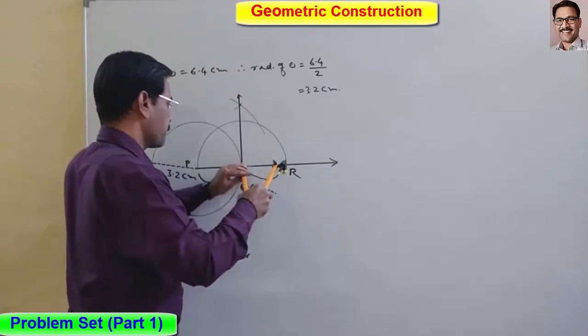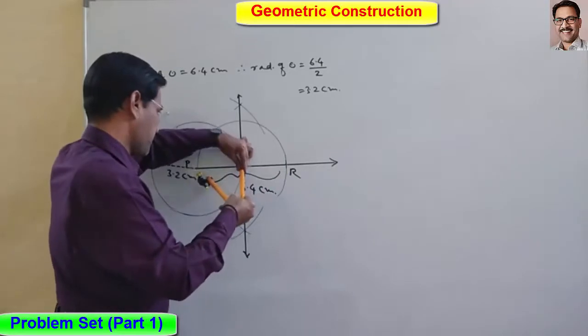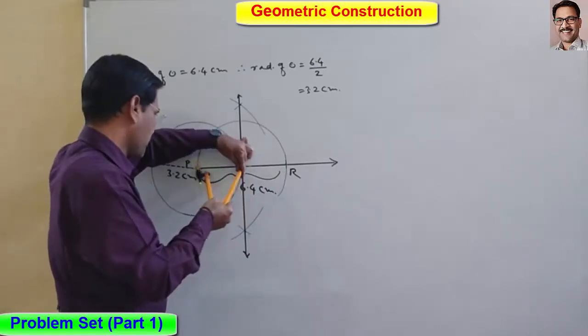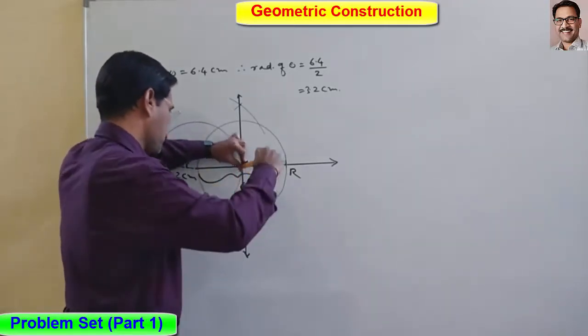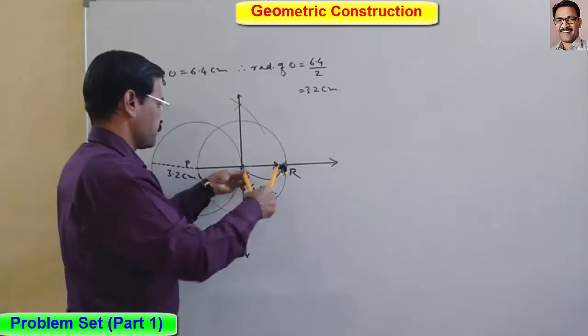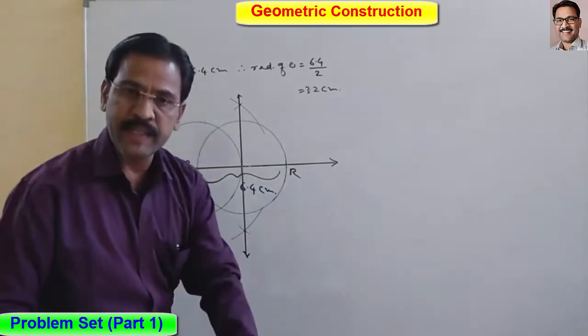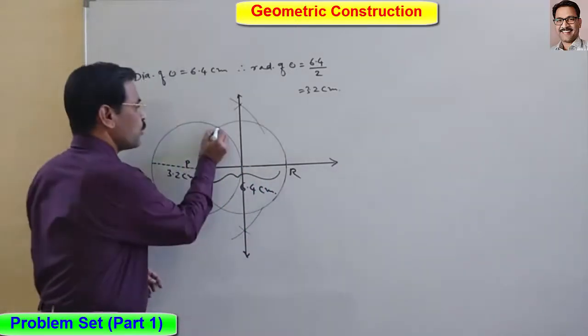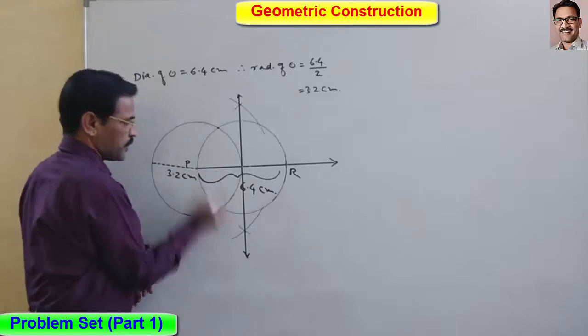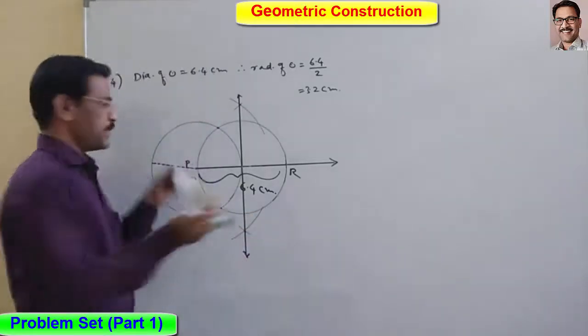Okay. This is the circle. After getting this circle, here these are the 2 points. Just try to join them, finish. Those are the required tangents.